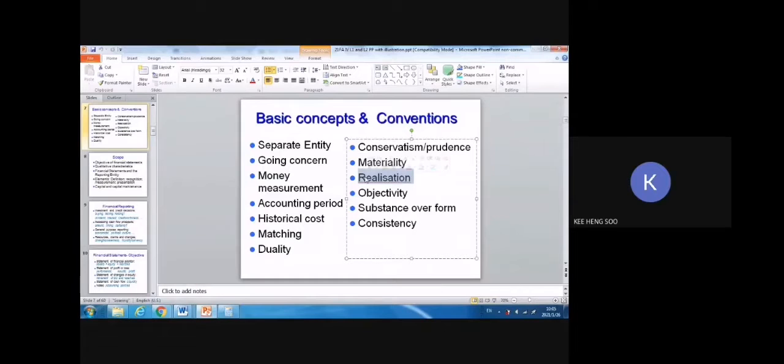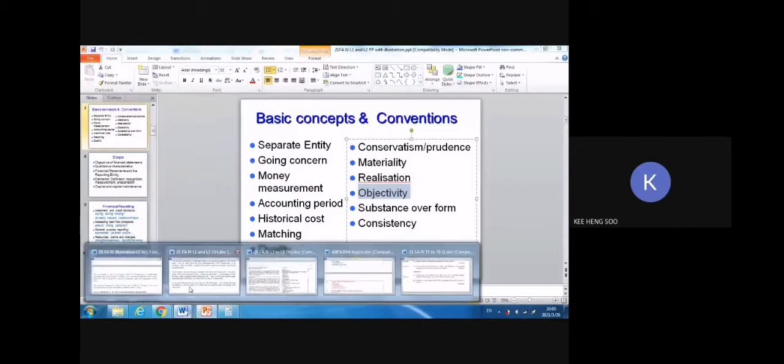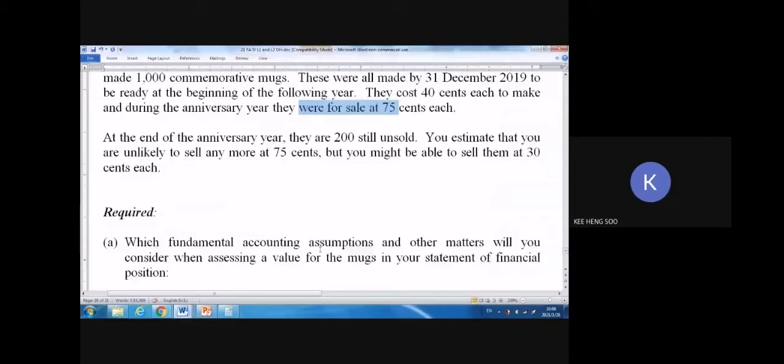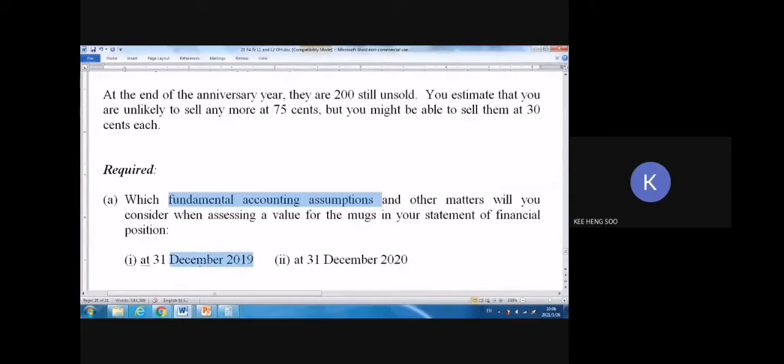Realization concept says there's no sales value, no profit realized yet. Objectivity, you have a document to prove that. Substance over form and consistency, I will discuss later in the middle of the semester. Okay, now come back to my question. That is how you discuss the fundamental accounting assumptions to be applied in the year 2019.